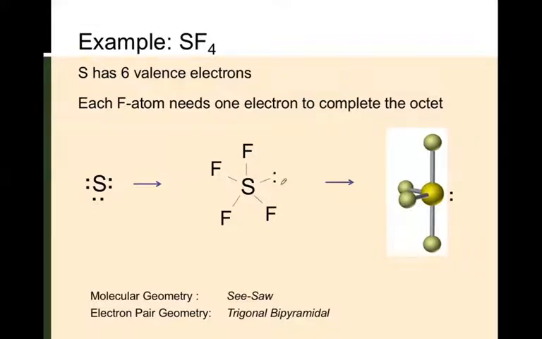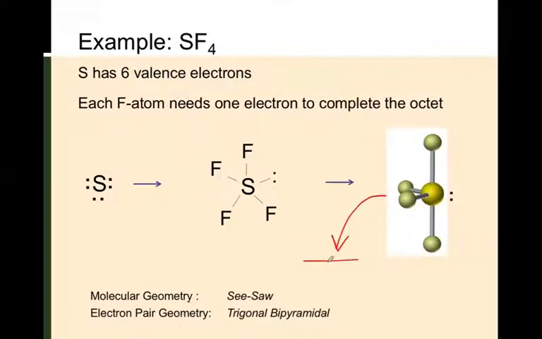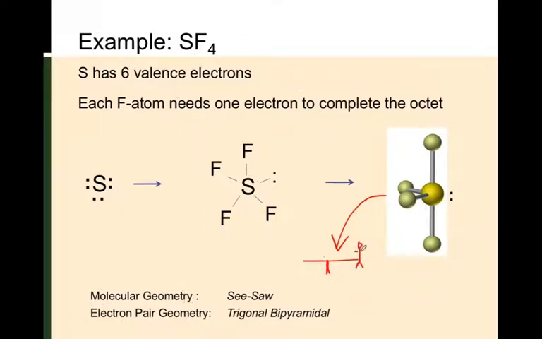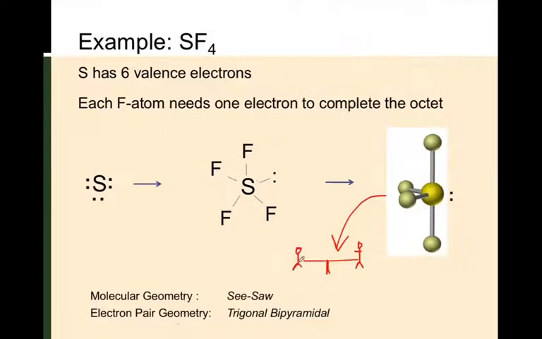And then it has 2 electrons left over, which form the lone pair, which is why we have this so-called seesaw shape. The reason why it's called a seesaw is because if you rotate this on its side, you end up with a structure that looks a little bit like this, which if you put 2 people on the end, kind of looks like a seesaw. It's a terrible drawing, but hopefully you get the idea.